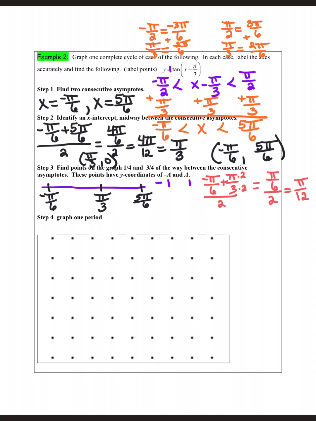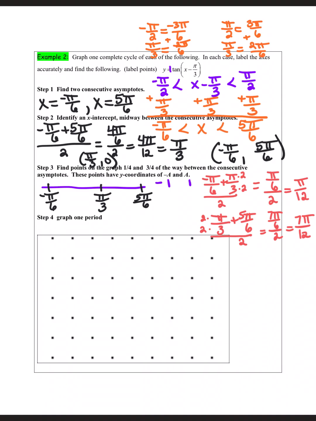And then we have pi over 3 plus 5 pi over 6. I'm going to get a common denominator by multiplying by 2. So that's 2 pi over 6 plus 5 pi over 6. And don't forget to divide by 2. So that's 7 pi over 6 divided by 2, which is 7 pi over 12.